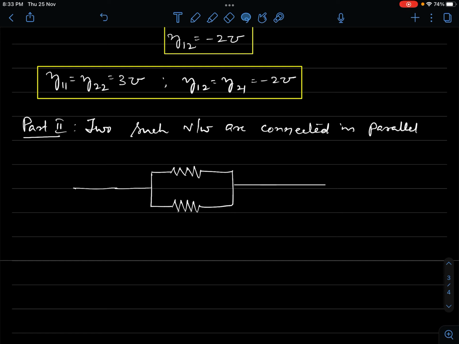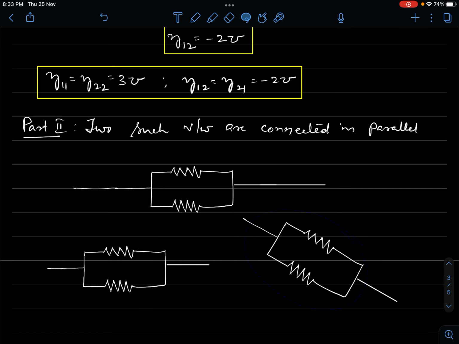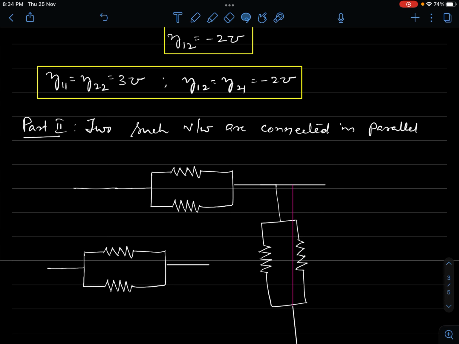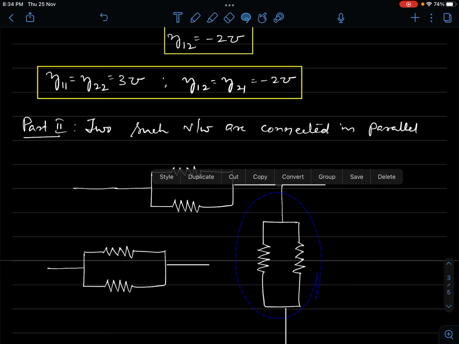I'll copy this part, paste it here, and paste one here, and I'll rotate this and plug it here.